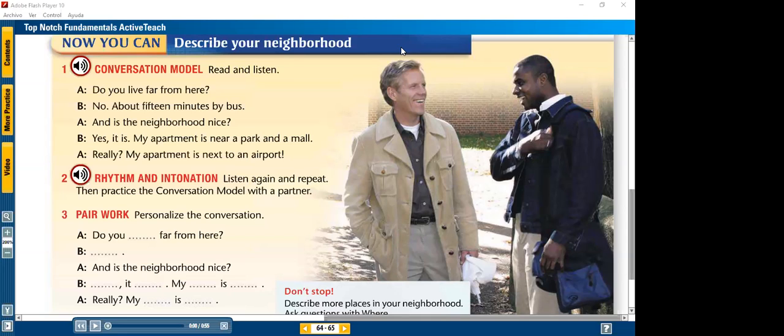Sí, ya. Yes, about 14 minutes by train. Okay, and is the neighborhood nice? Yes, it is. My apartment is near a museum and a stadium. Really? My apartment is next to a bank.